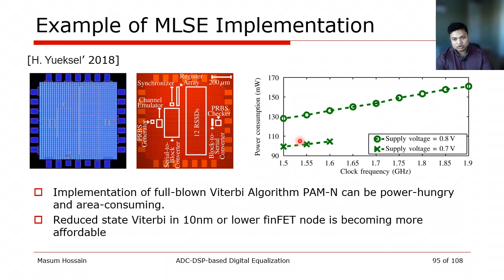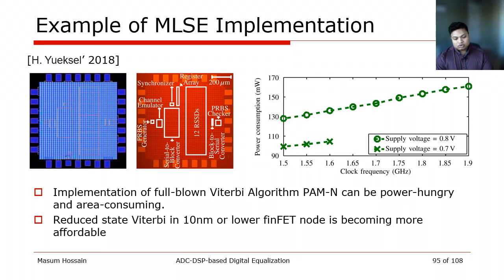But it should be noted that such power consumption was achieved by sacrificing the full-blown implementation for a simplified one. Here, for example, RSSD stands for Reduced Step Sequence Decoding. And the second important point is that it has to be implemented in a process such as 10 nanometer or lower, so that the digital implementation translates to lower power consumption and less area.